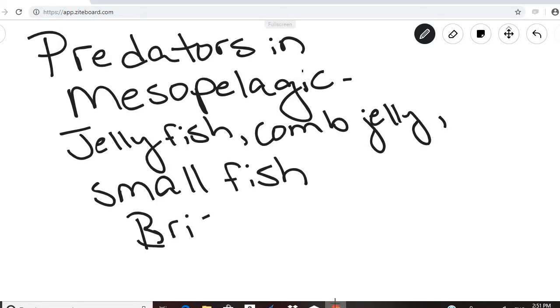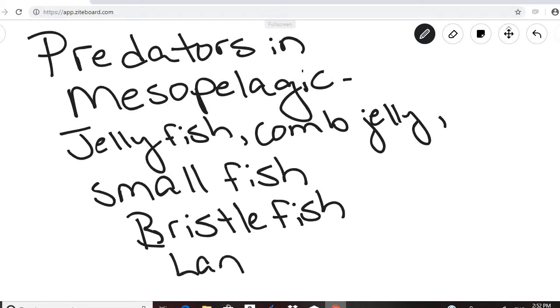There's something called a bristle fish, and I believe I also have a picture of a lantern fish.